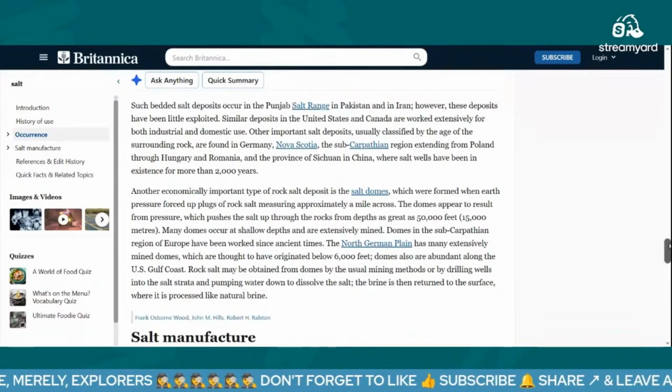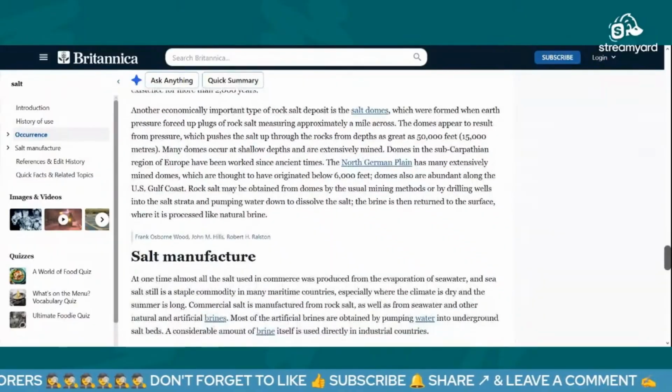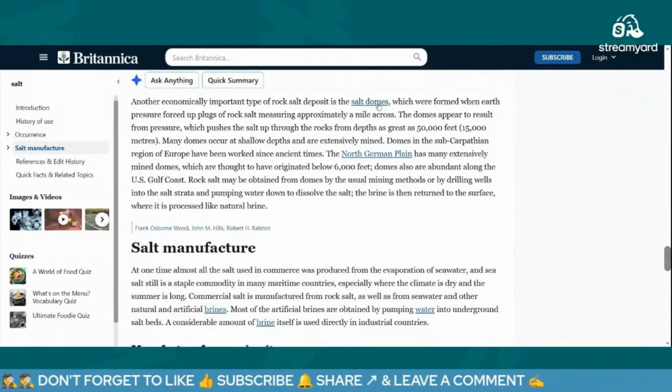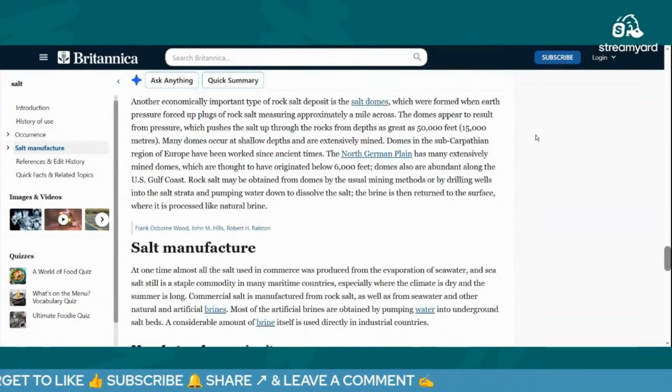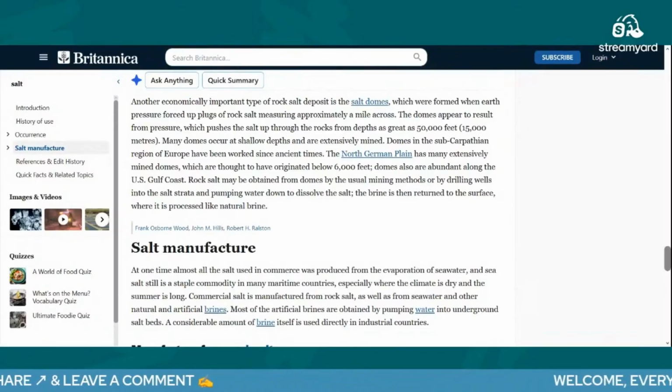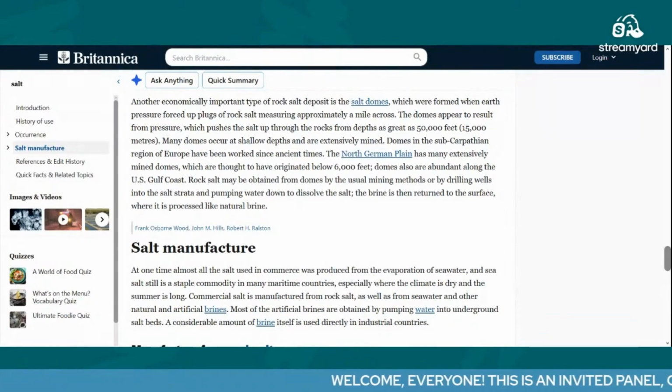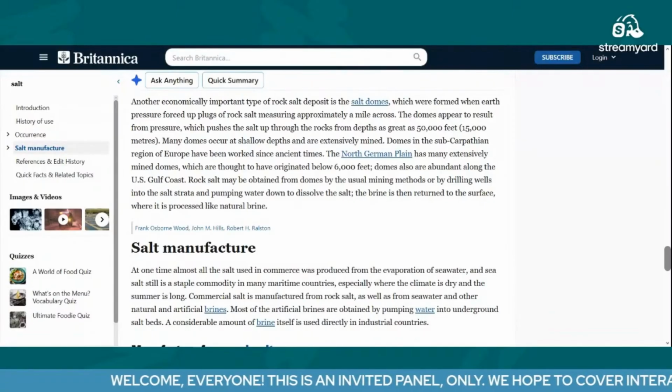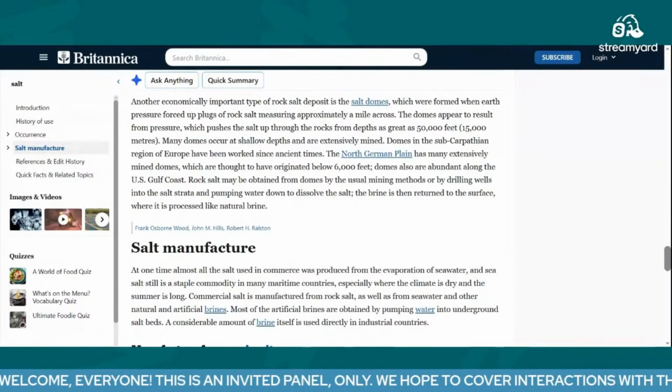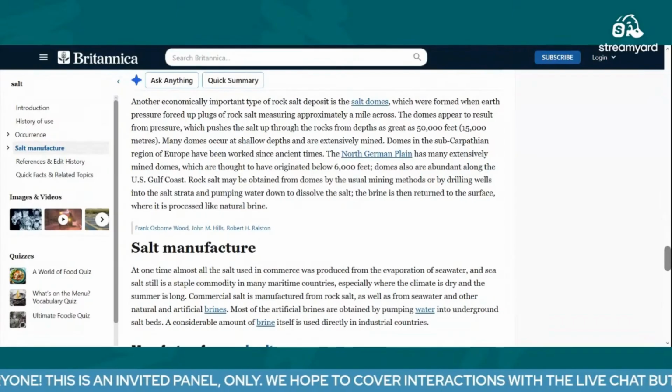Another economically important type of rock salt deposit is the salt domes, which were formed when earth pressure forced up plugs of rock salt measuring approximately a mile across. The domes appear to result from pressure, which pushes the salt up through the rocks from depths as great as 50,000 feet, 15,000 meters.